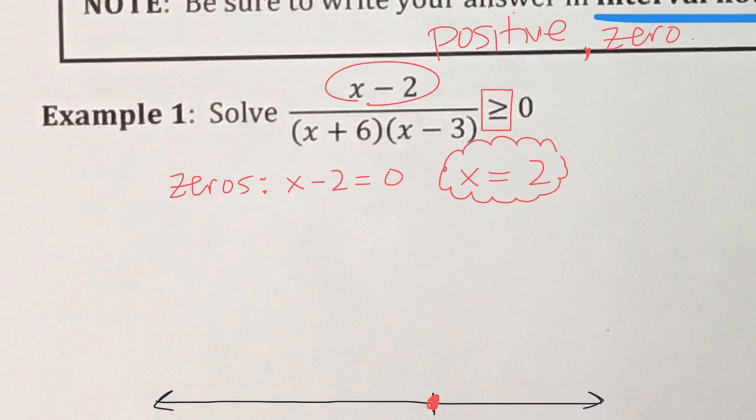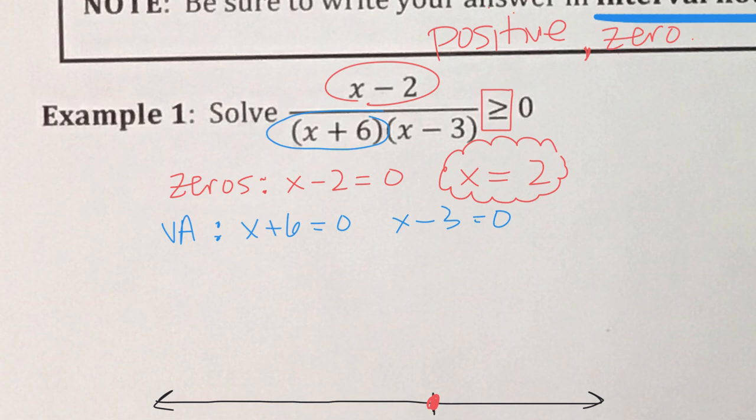So now let's look at our asymptotes. Those come from your denominator. We're going to have two of them, it looks like. X plus 6 equals 0, and x minus 3 equals 0. So you take both of your factored denominators. You have to factor it and solve. This one's already factored for us.